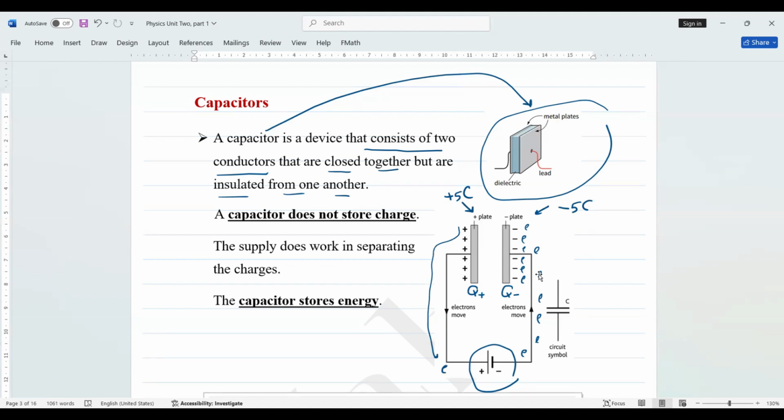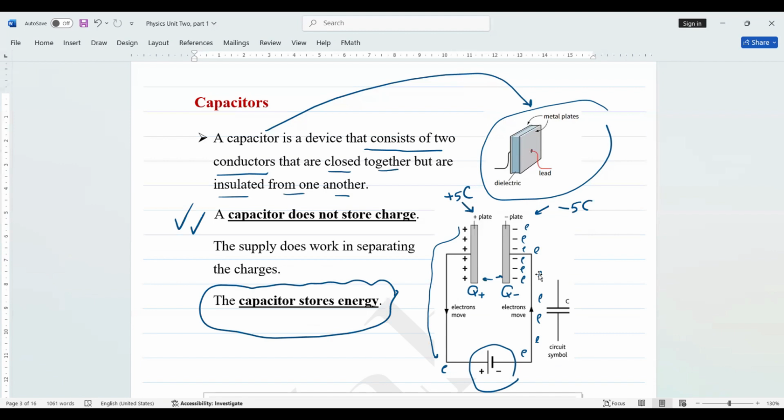But to separate the positive charge away from the negative charge, work is done. This work done is stored as electrical energy. Then the capacitor stores electrical energy. So remember, the capacitor does not store a charge because the total charge is 0. Why?